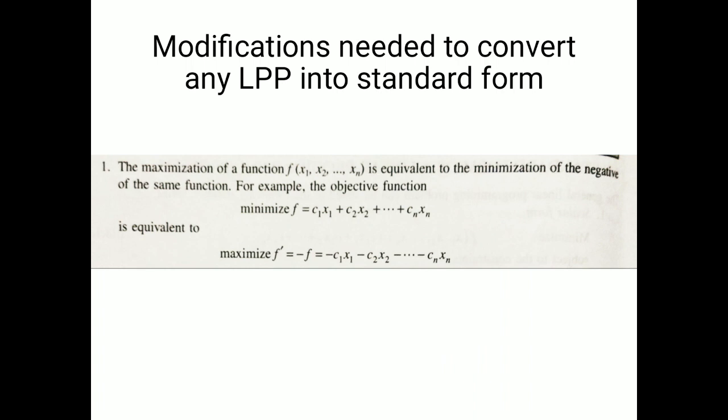But if the optimization problem is not of minimization type but of maximization type, for example, the maximization of a function f(x1, x2, up to xn) is equivalent to minimization of the negative of the same function. So if an optimization problem is of maximization type, it can be converted into a minimization problem.